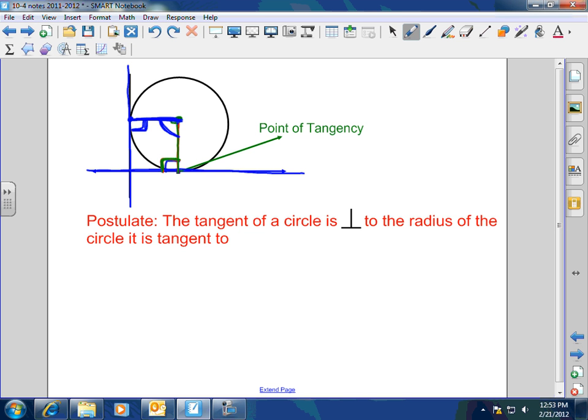If this is a straight vertical radius and this is a straight horizontal radius, then yes, it will be a 90. But unless those are both horizontal and vertical, we cannot determine that, sir. That makes sense, everybody? So, again, the point of tangency between a radius and a tangent creates a 90-degree angle. They are perpendicular. Does that make sense?